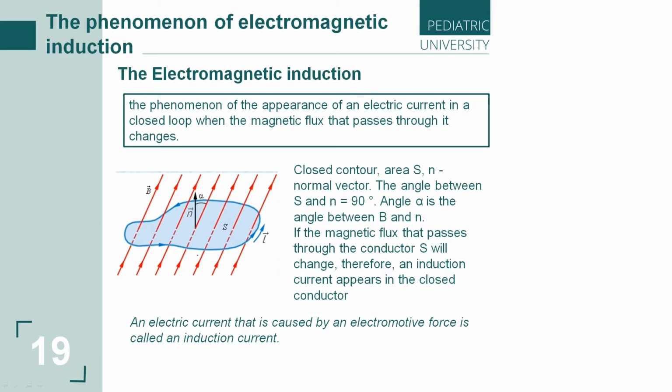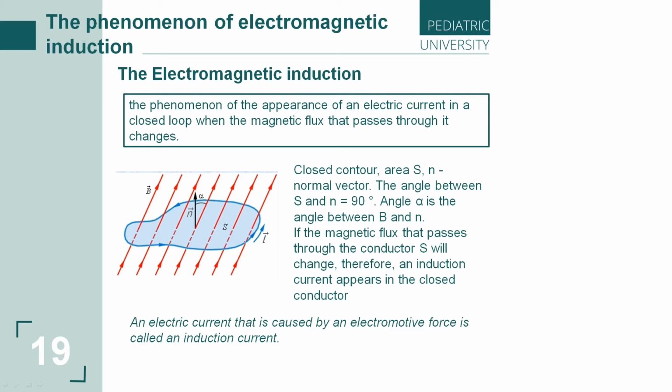For example, we have a magnetic flux and we pass this magnetic flux through the conductor with area S. The deep blue arrow is the conductor, a closed contour.